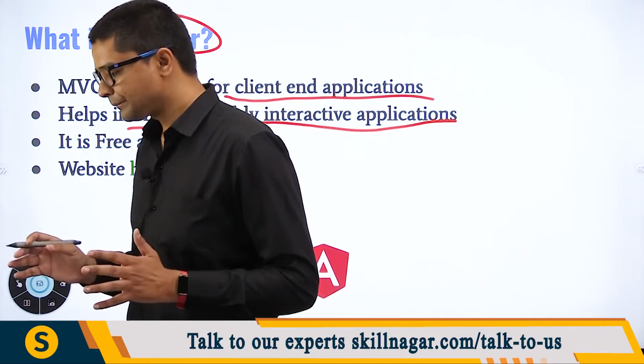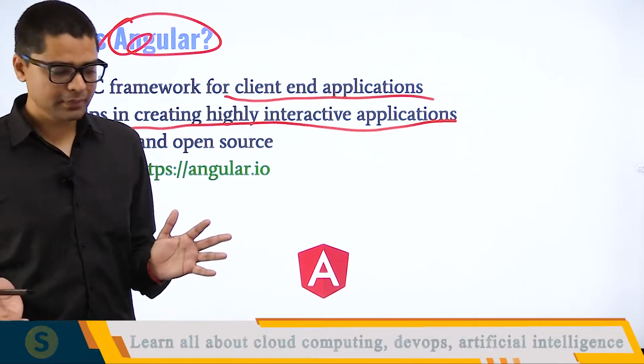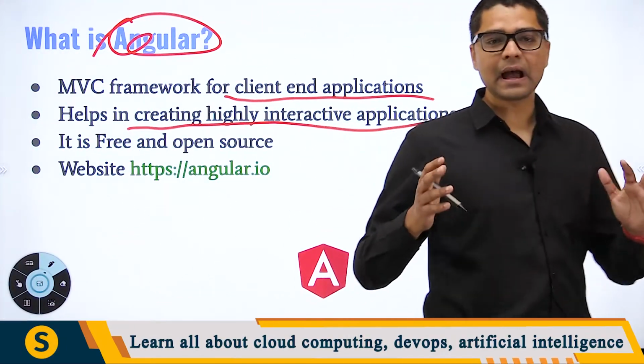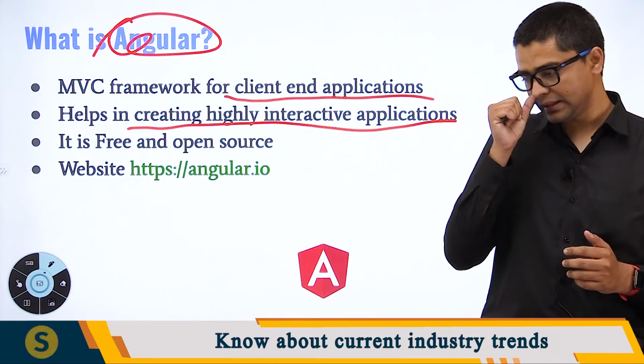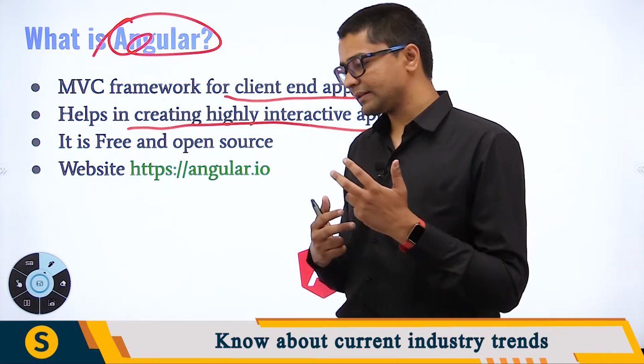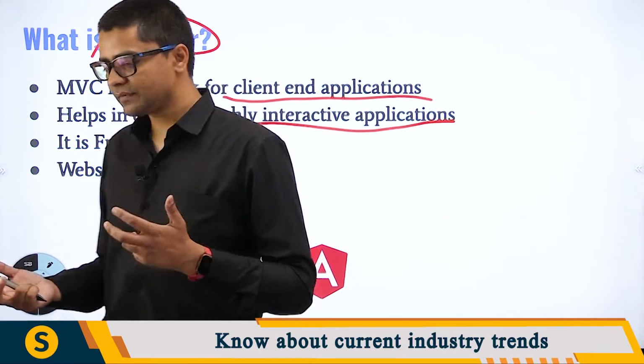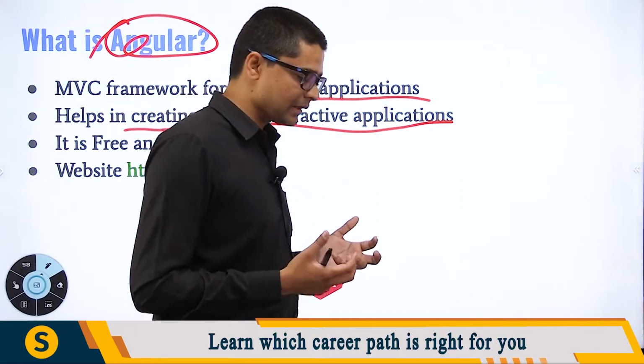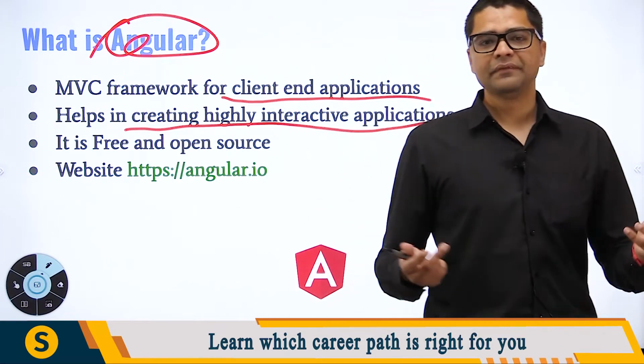The advantage we get with Angular is that it is customizable, it is updated quite easily, and it is highly interactive. Someone would say it is HTML on steroids, because you can enhance the power of your HTML tags with the help of Angular.